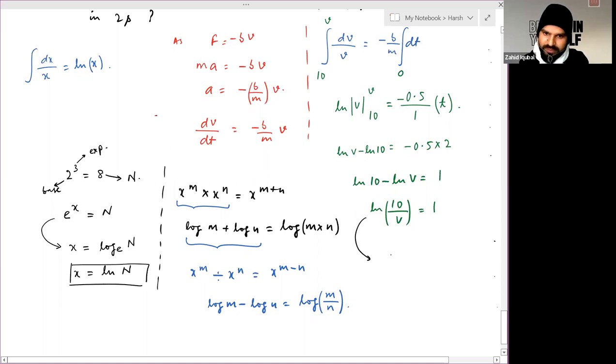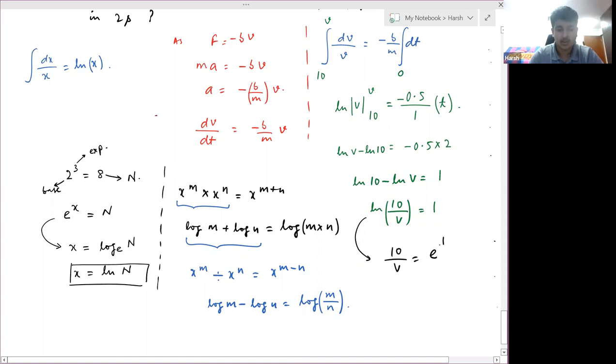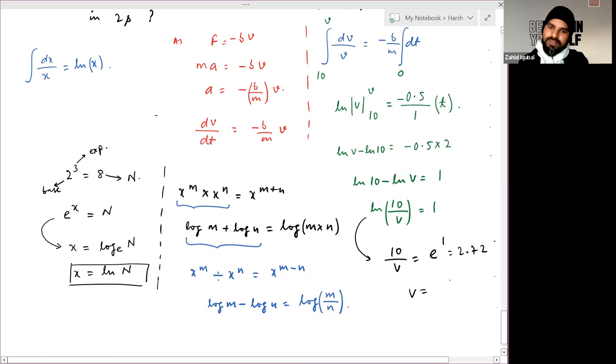So the reverse form is 10 divided by v equals e raised to 1. Now e is nothing but 2.72. So v equals 10 by 2.72. That will be your final answer at 2 seconds. Is it clear?